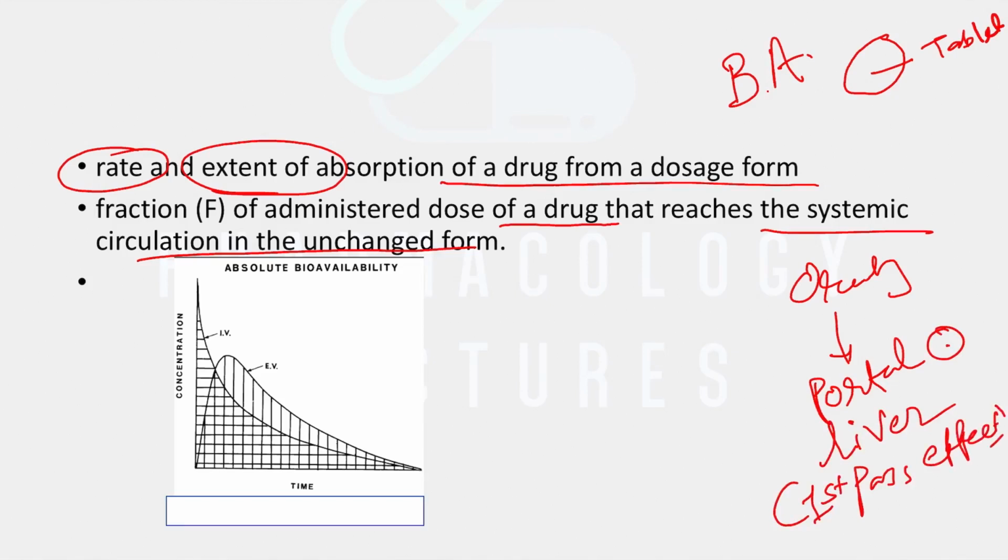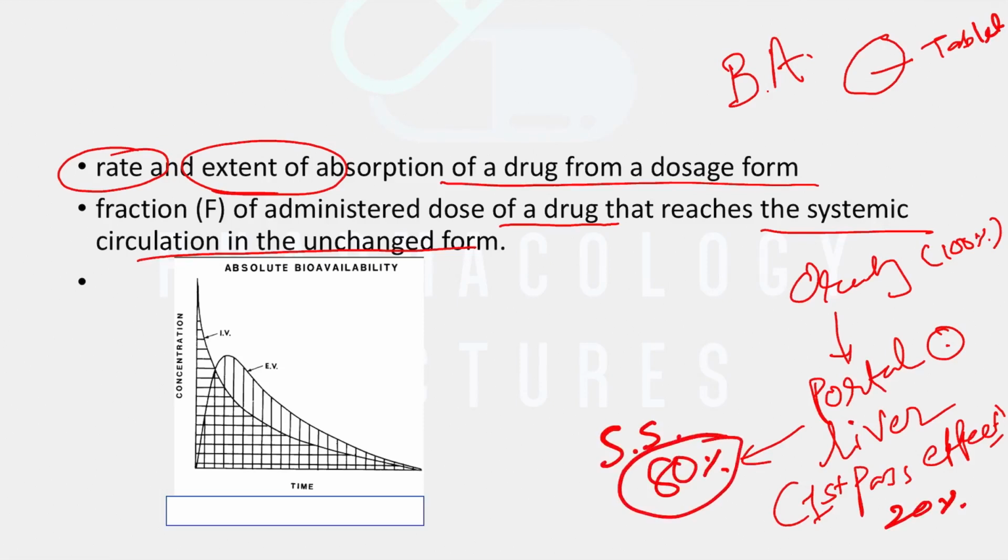With this first pass effect, if we introduce 100% of a drug, there are chances that a certain amount, for example 20%, gets metabolized and only 80% reaches the systemic circulation. So this 80% is the bioavailability.